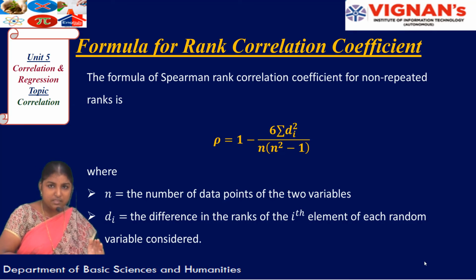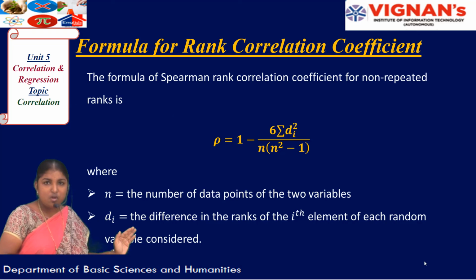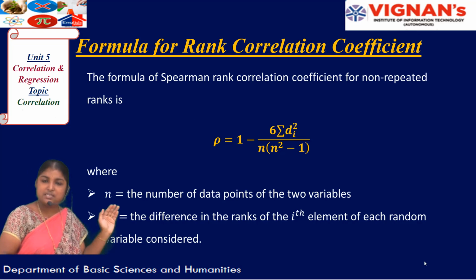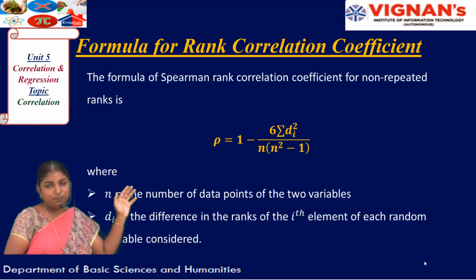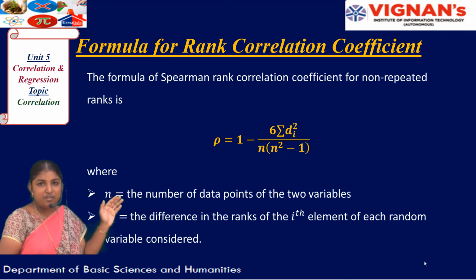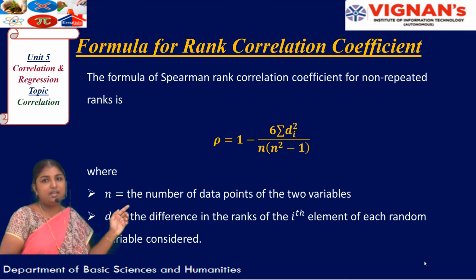For the given x and y values, we give the ranks, denoted Rx and Ry. We take the deviation, that is the difference of Rx and Ry, denoted Di. Taking the summation of all the squared deviations, we get summation Di square, and substituting here we get the rho value. This formula is for when no rank is repeated.